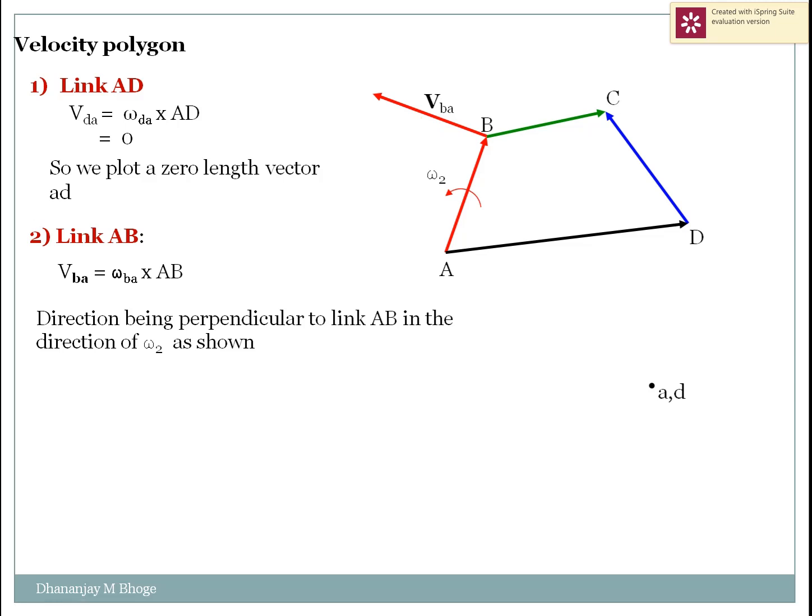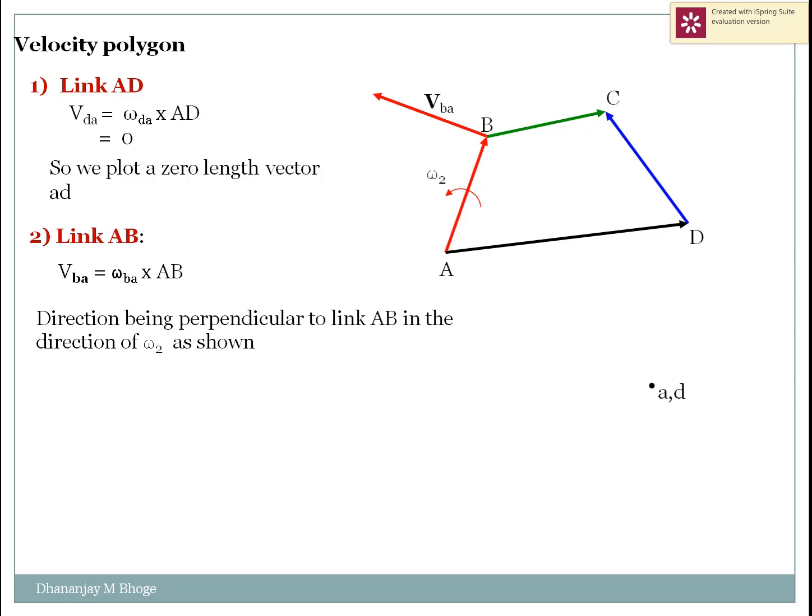Now we will plot this vector of this length perpendicular to AB in the velocity polygon using the rules of vector representation. For plotting this vector in the velocity polygon, we will only concentrate on the name of the vector.